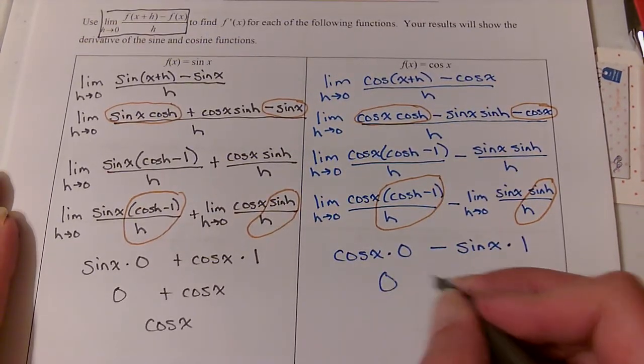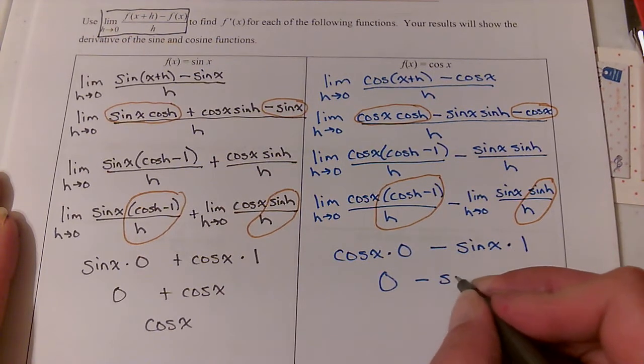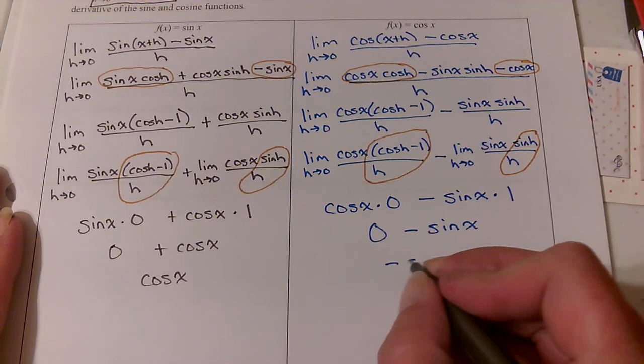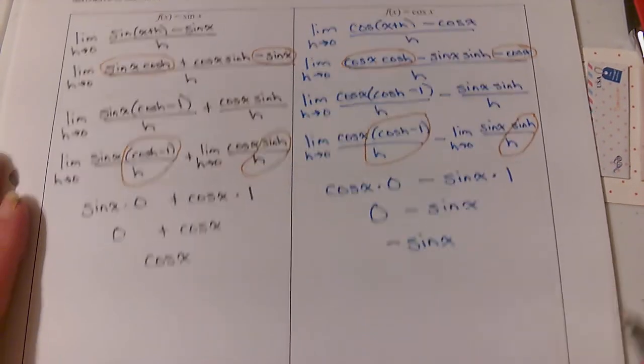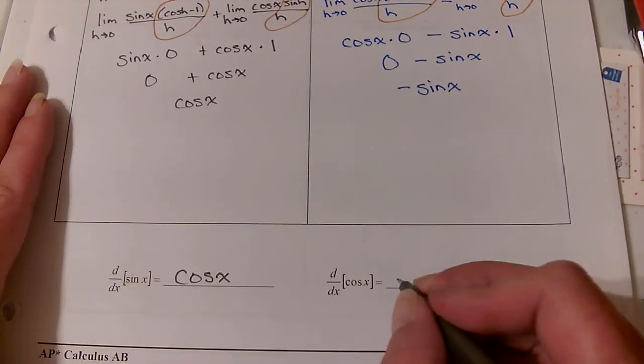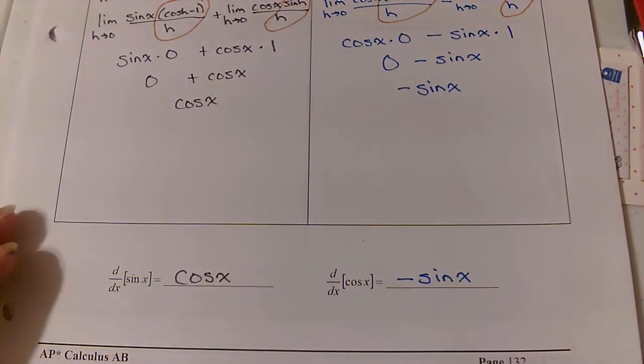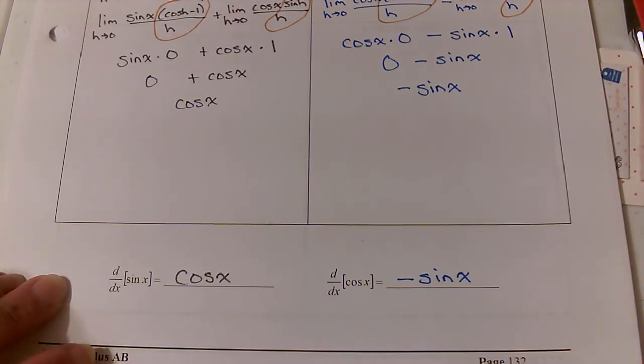Anything times 0 is 0. That's minus sine x. So I get a negative sine x. So that is the proof of our trig derivatives.